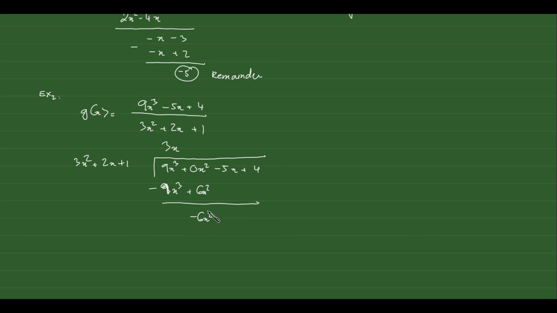Drop negative 5 down. Now 3 going into negative 6 gives negative 2, only 2, not x, because x squared divided by x squared. So negative 2 times negative 6x.